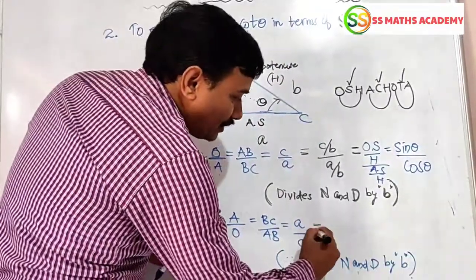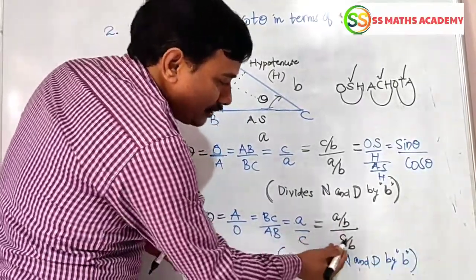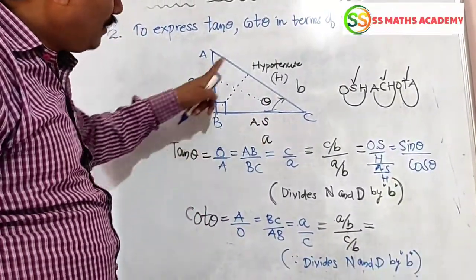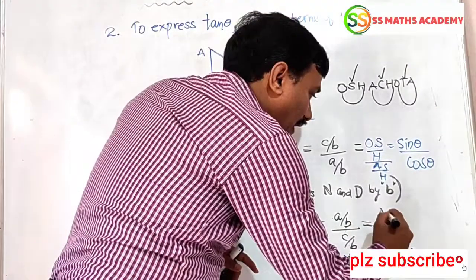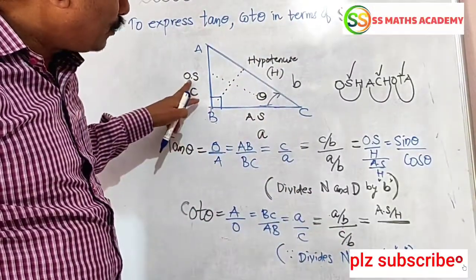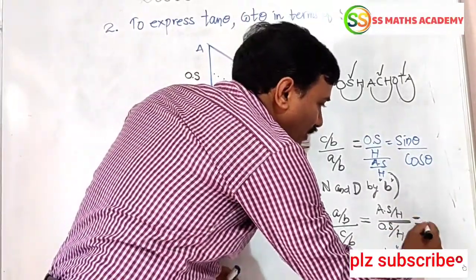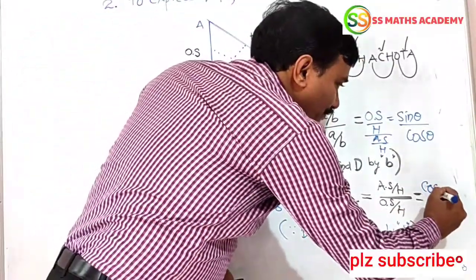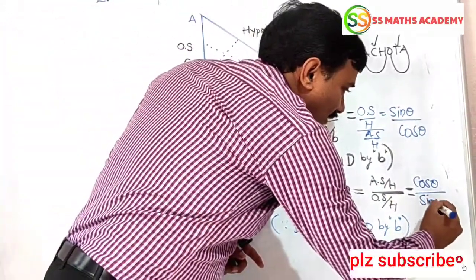Then what will happen once we check it? a by b and c by b. a by b means adjacent side by hypotenuse, which is cos theta, and c by b means opposite side by hypotenuse, which is sin theta.